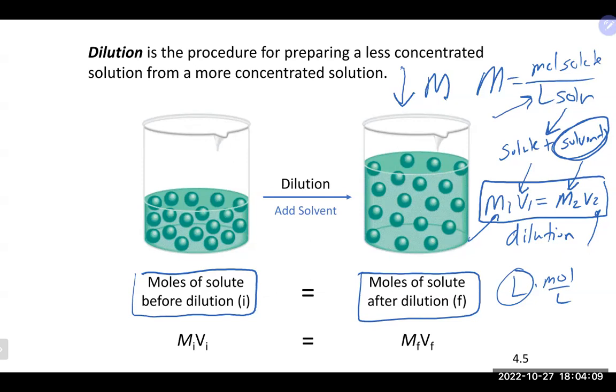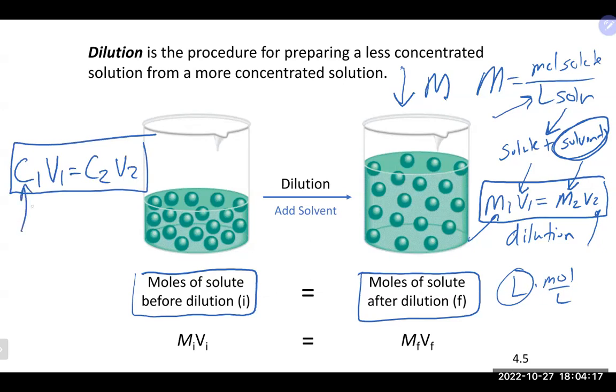This is sometimes abbreviated more generically, like C1V1 equals C2V2, where C here is concentration. So although molarity is the most common unit of concentration and the one we use the most, you technically don't have to use molarity as concentration.